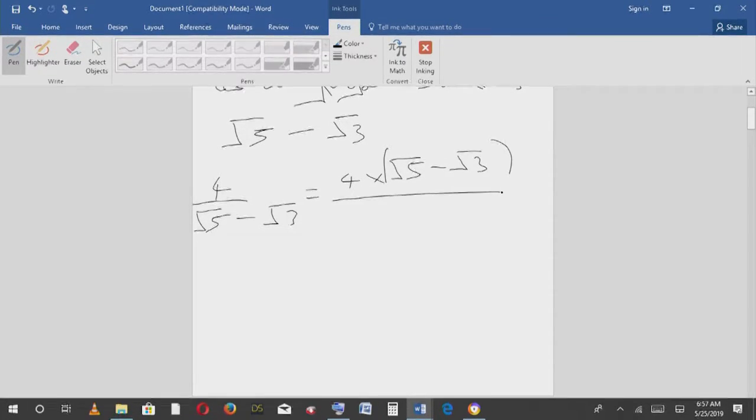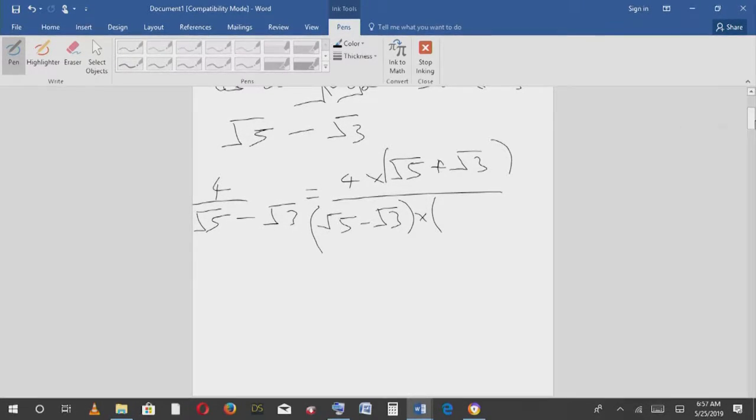We introduce a bracket there so that we can separate the terms.